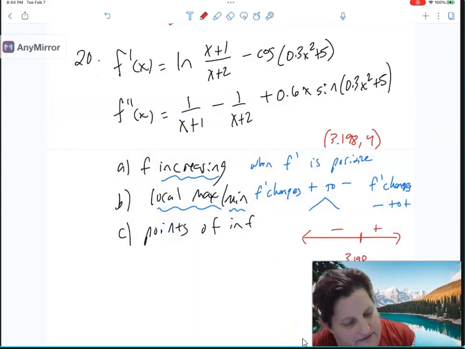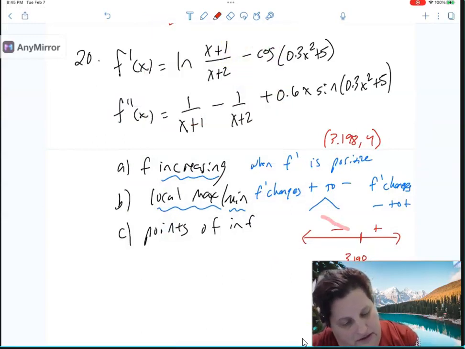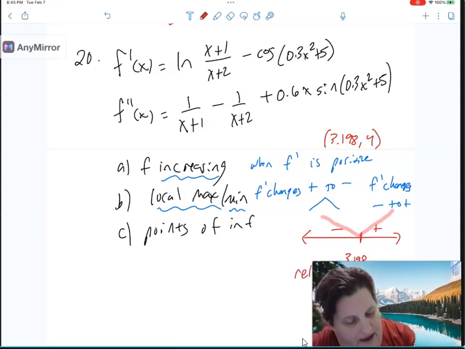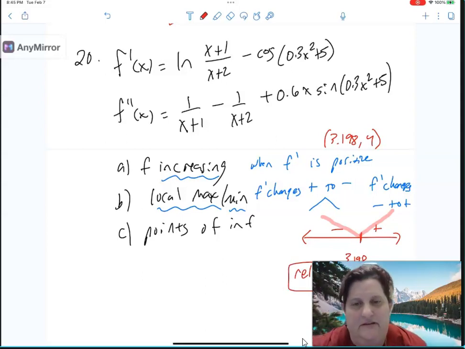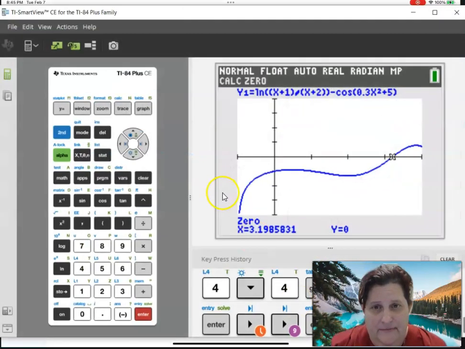So if the left is negative and the right is positive, we are going decreasing, increasing. So that is a relative min at 3.198. Okay, and it just said I need to put x equals, because it just said to find the x coordinate.